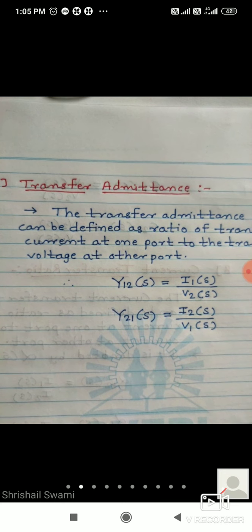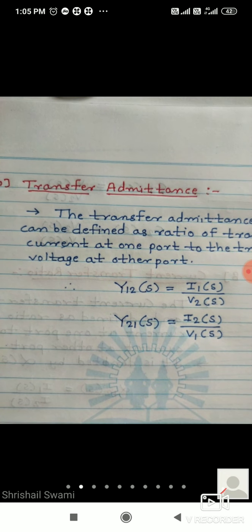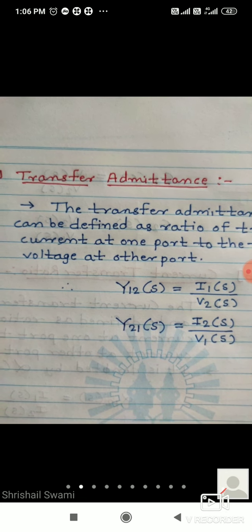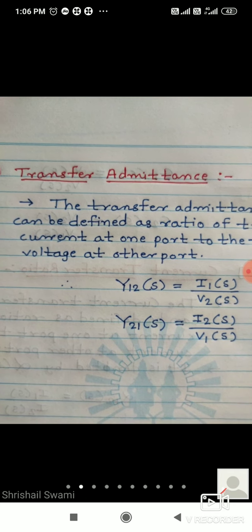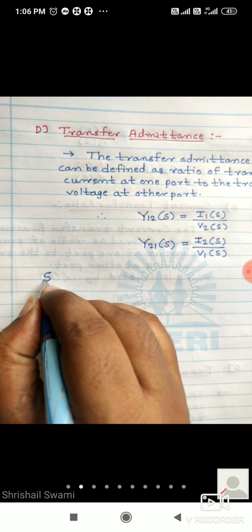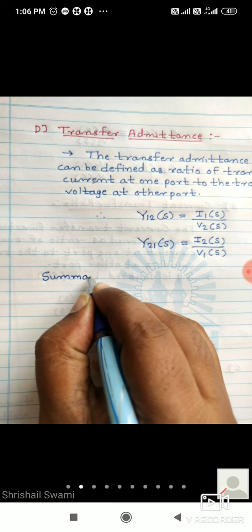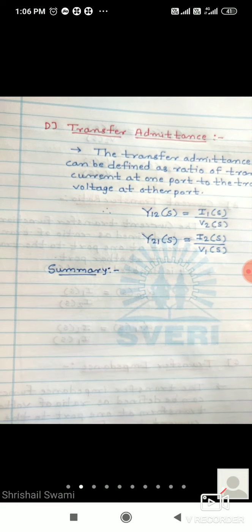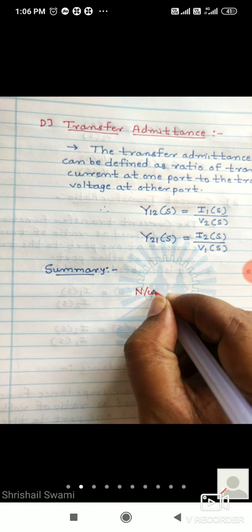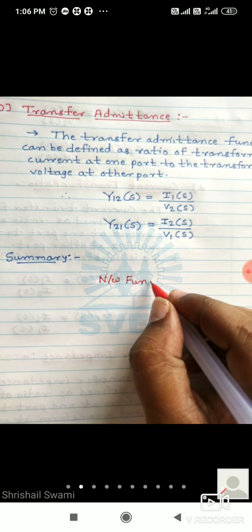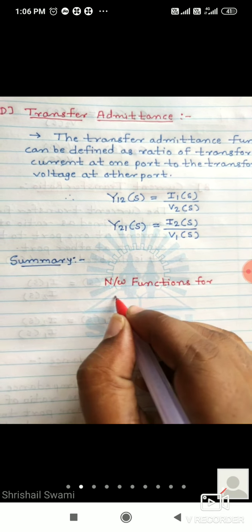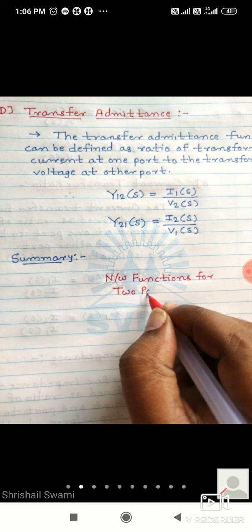Then what will come in driving point functions? Two points, that is driving point impedance and driving point admittance. And in the transfer function there will be four, that is voltage transfer, current transfer, transfer impedance and transfer admittance. So summary we can consider. Okay, so first of all, network functions for two port network.